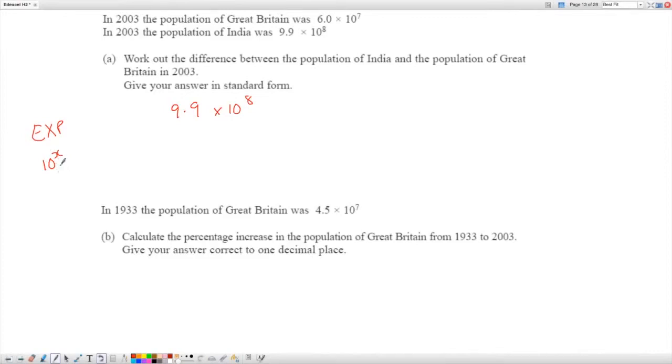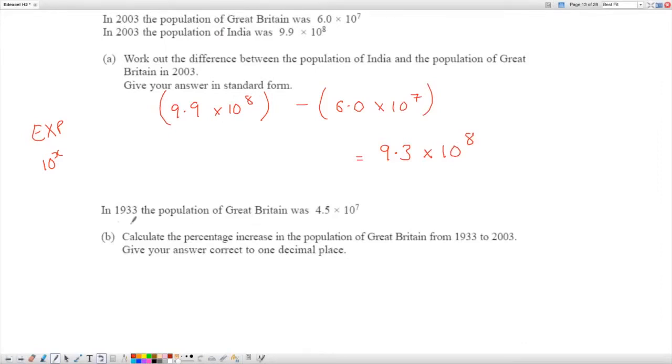You might press shift, it's normally down near the equal sign. So we've got this, subtract 6 times 10 to the power 7. Giving your answer in standard form should come straight out on your calculator as 10.3 times 10 to the power 8.